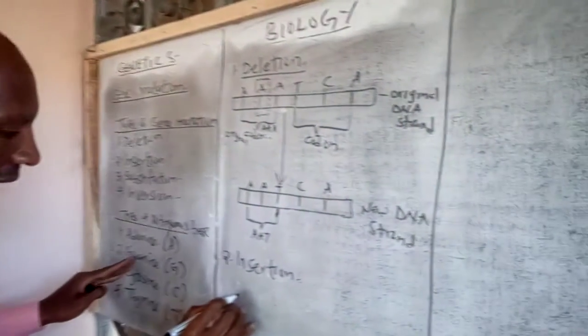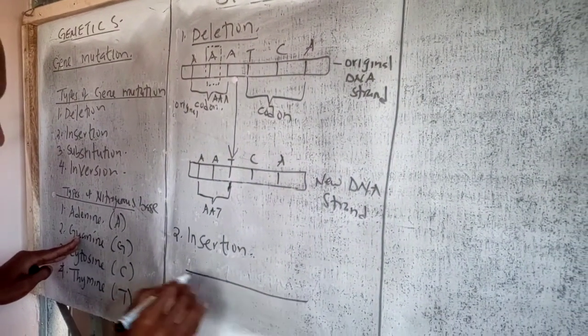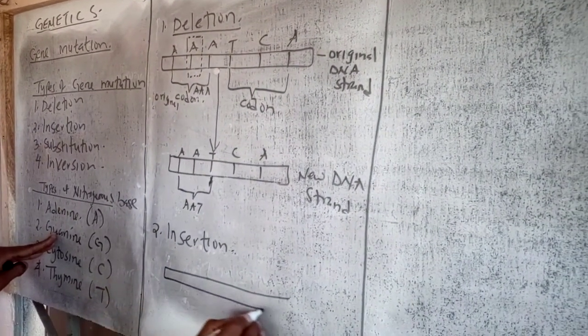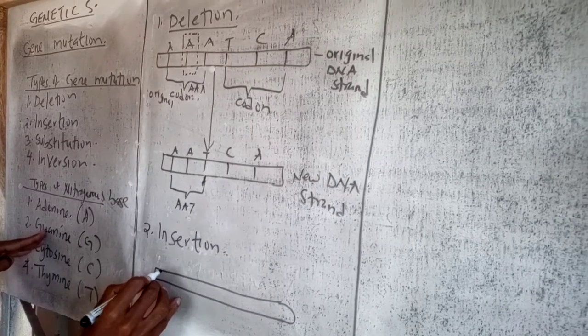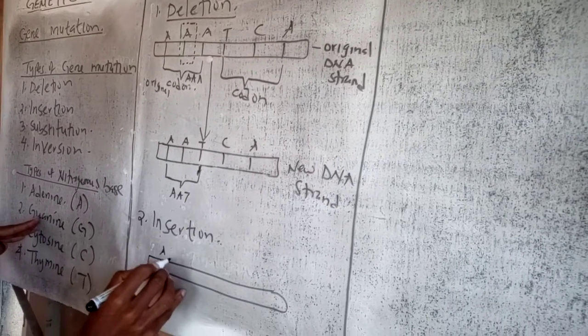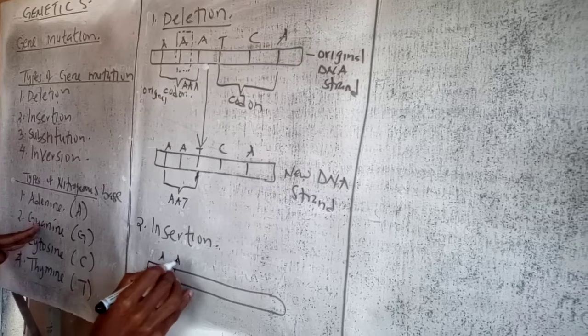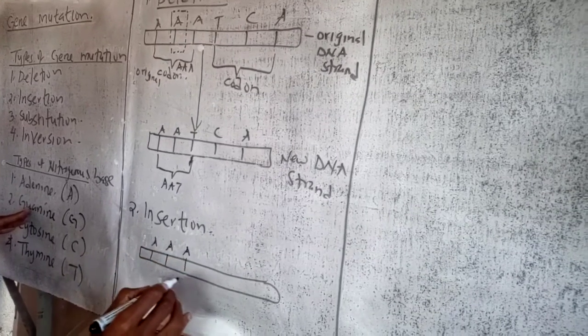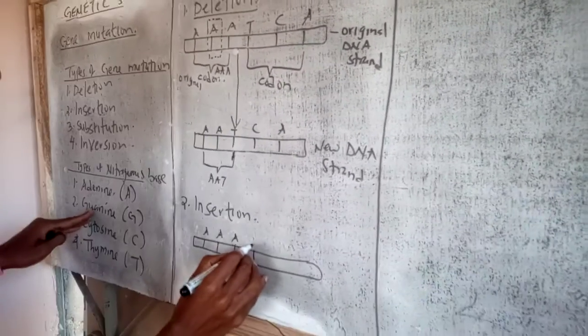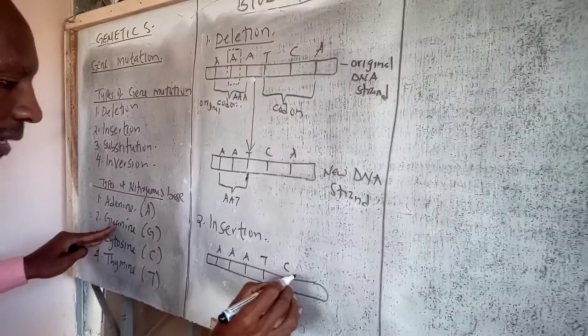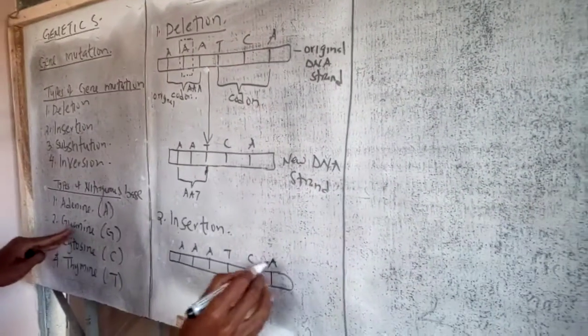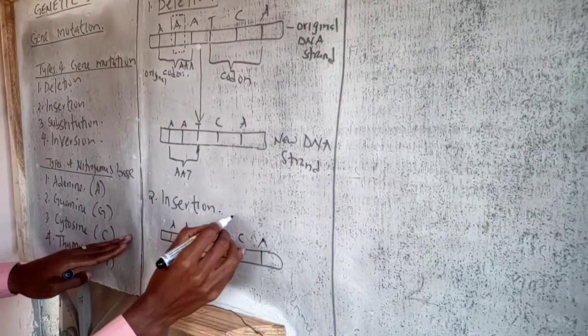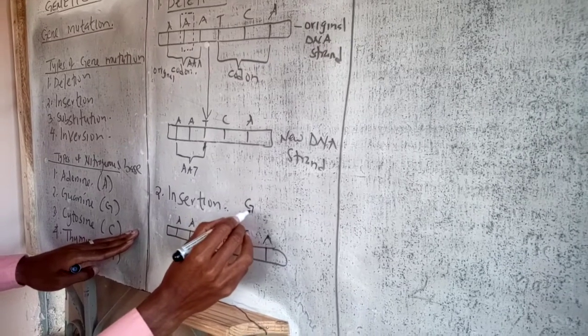To explain this, we'll have the original one. Let us take A, that is the first codon. Then the second one, T, C, A. And you find that there is a base G, that is guanine.